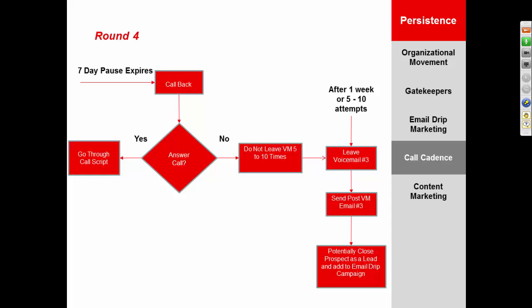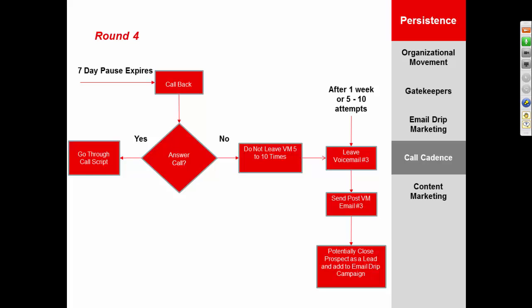You put these prospects on a list where they might get 1 to 2 emails a month, maybe something like that, because they still don't know who you are. So that email drip is going to pick up where this call cadence leaves off.